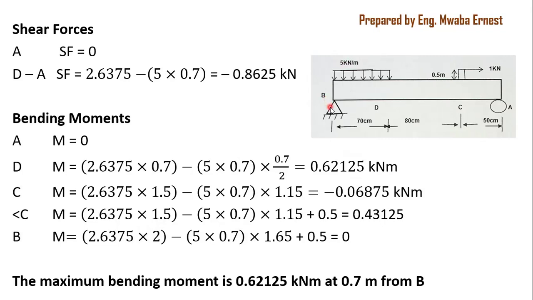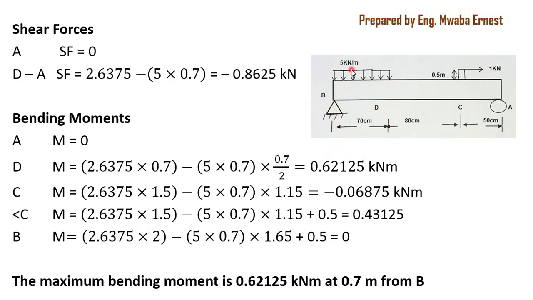But at the same time, we also have the reaction at this point, which is 2.6375, multiplied by the whole of the distance, because we are dealing with point D. So reaction at B times 0.7.